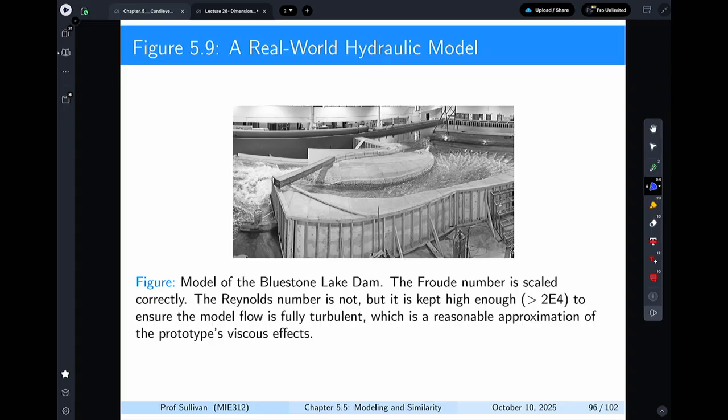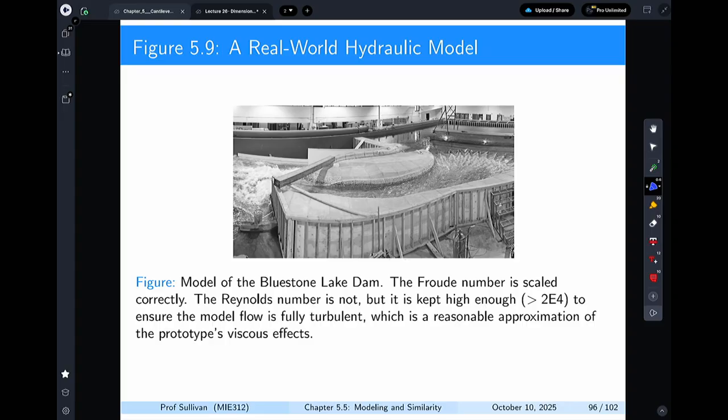So the U.S. Army Corps of Engineers has built a scale model of the entire Mississippi. And again, geometrically, it's probably kind of compressed. I don't know what the ratios are. But Froude number can be scaled, so they can do that pretty well. But the Reynolds number cannot, because you've got something that is a couple kilometers wide.